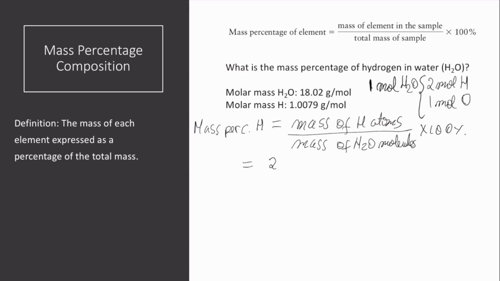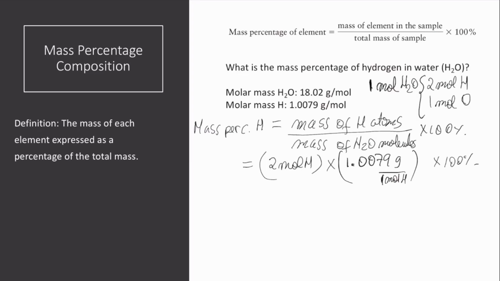So we have 2 moles of hydrogen, and we multiply times the molar mass of hydrogen to get the mass of hydrogen. So it is multiplied times 1.0079 grams per mole of hydrogen.